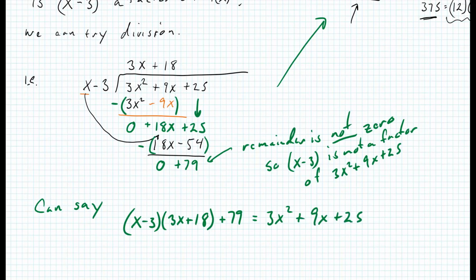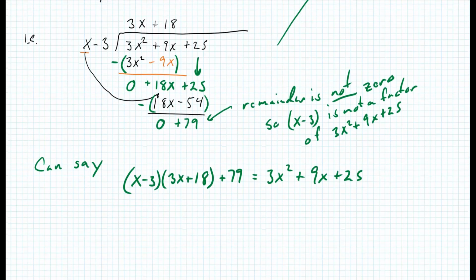And I do think I added wrong somewhere, but I can't see it. Maybe I didn't. That'd be amazing. If the remainder were 0, notice that it would just be written as a product. But we didn't happen to have a remainder of 0. So let's do another example.